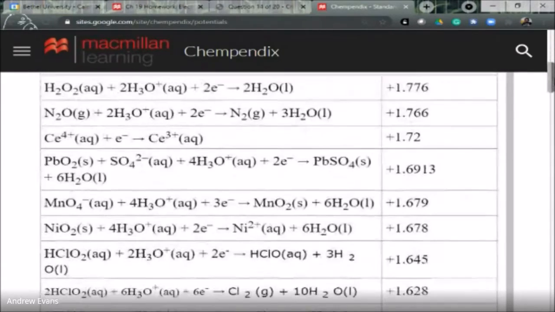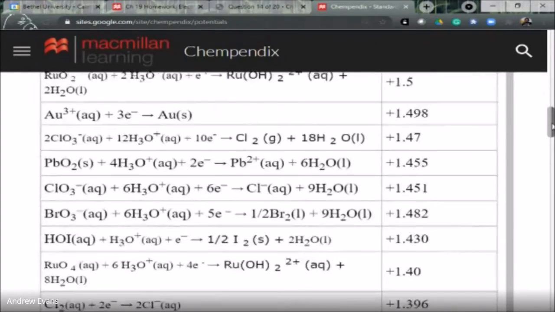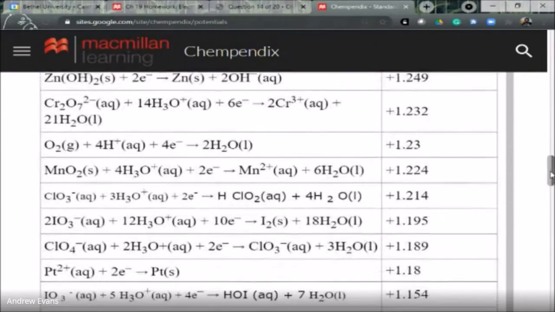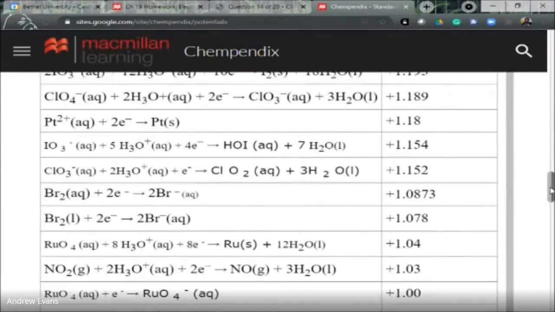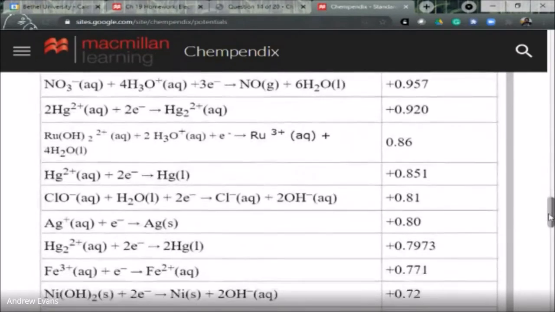Unfortunately, who knows where nickel is? You just kind of have to scan that. I will give you a chart like this on the test. You just have to scan the chart, try to find the reaction.